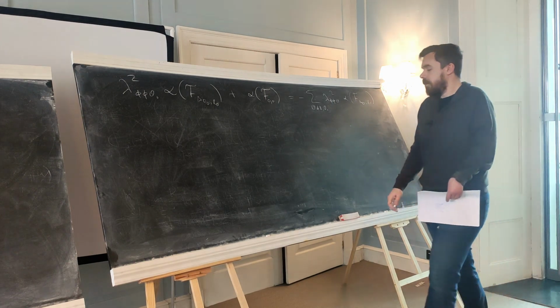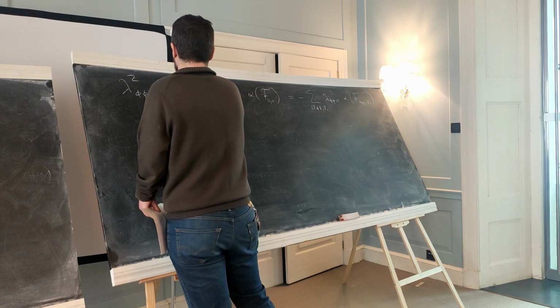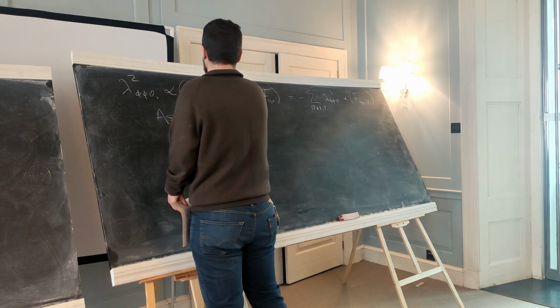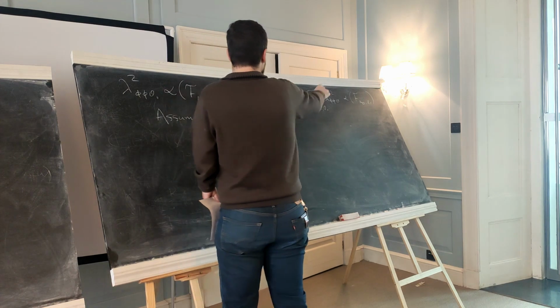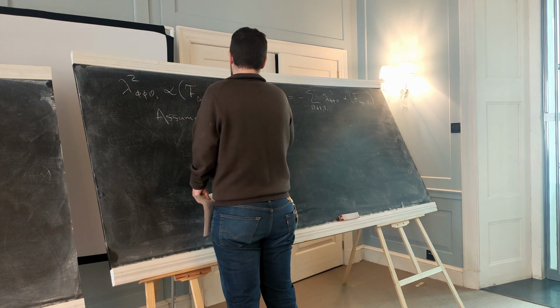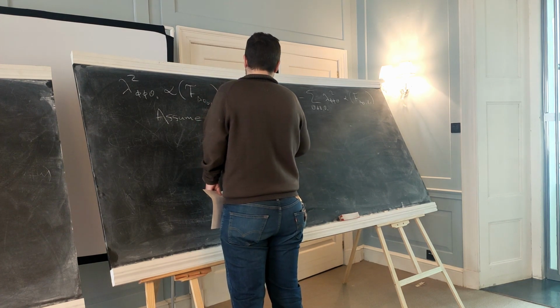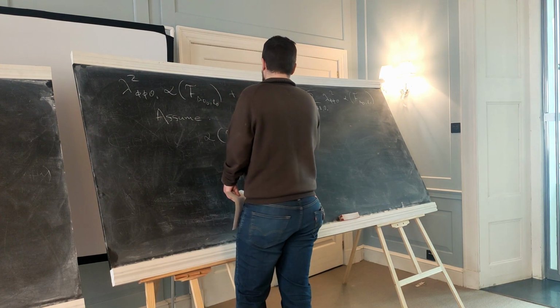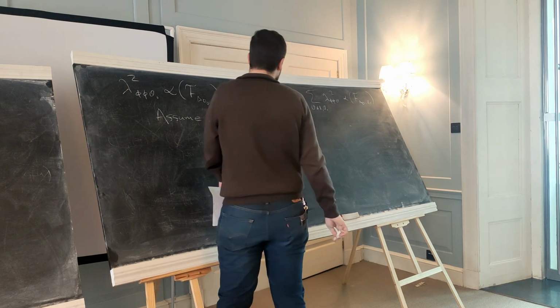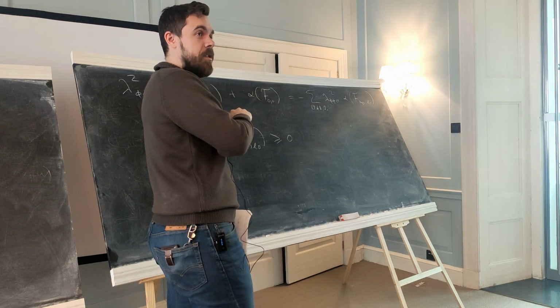And now, what can I do with this? Well, I can assume some things. Assume the following. Assume that alpha of f delta O, comma LO, those are positive. I'll just try to find a functional where this is true.